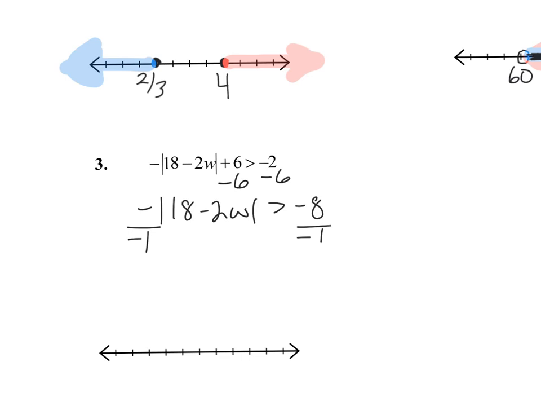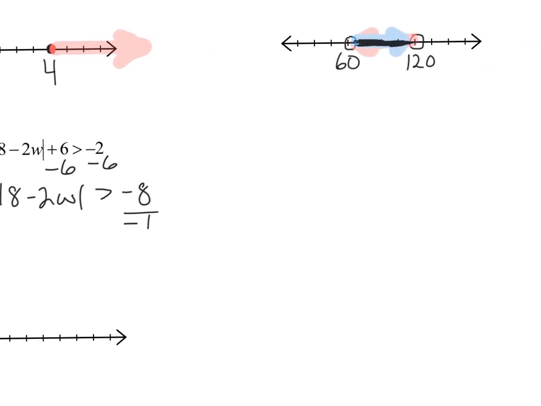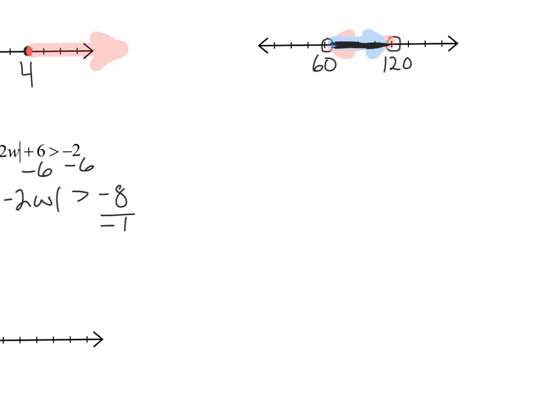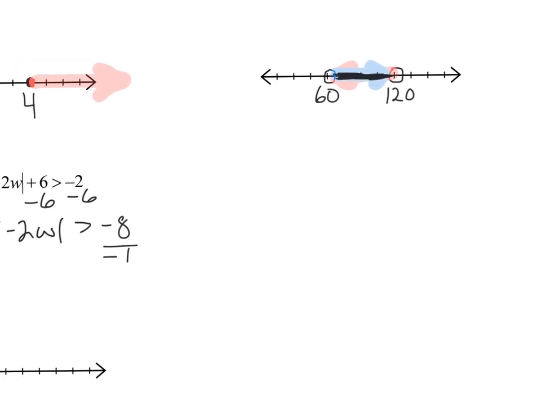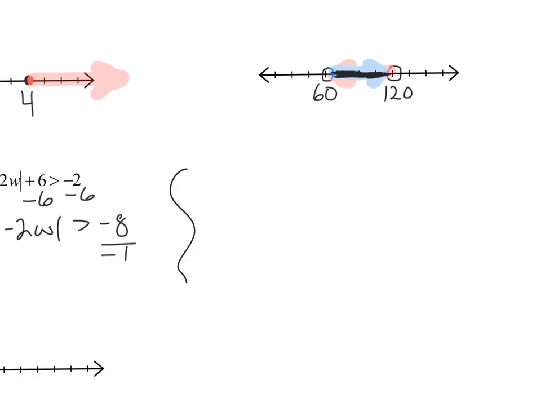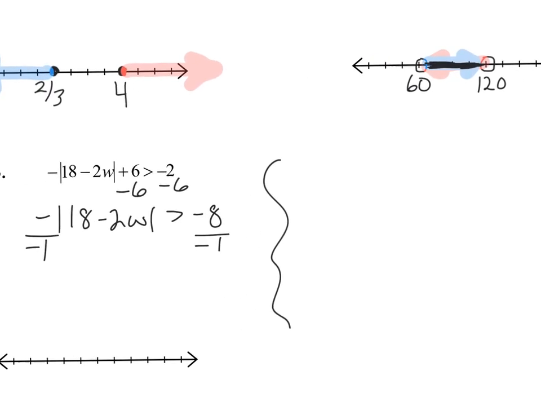And because I divide by a negative, the inequality must flip again. And so I'm left with, and what I'll go ahead and do is I'll kind of move my work over here so I don't go into my number line. Oh, there we go. And I've got the absolute value of 18 minus 2w is now going to be less than 8.